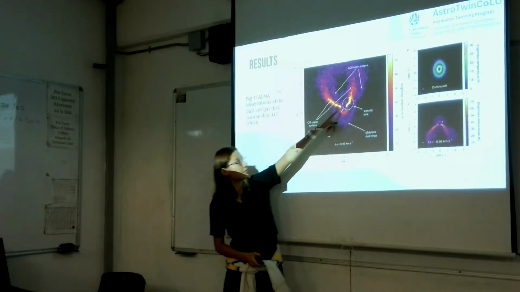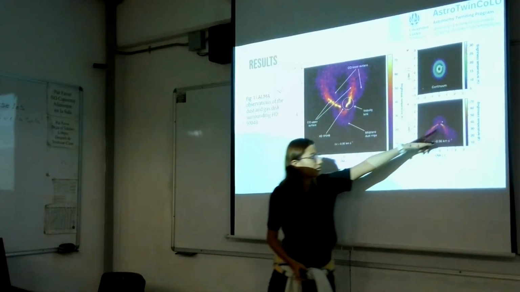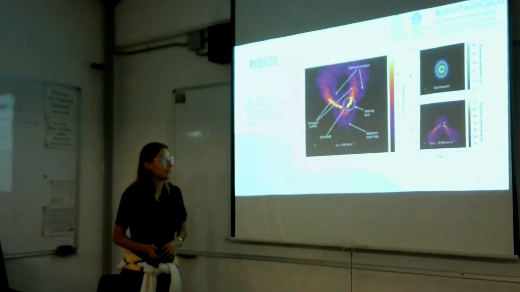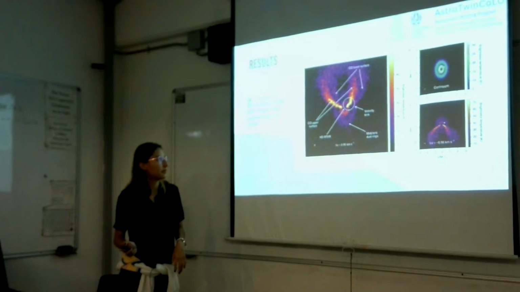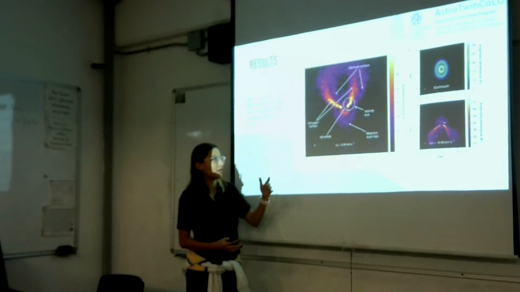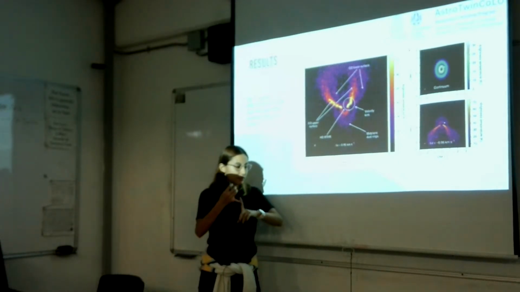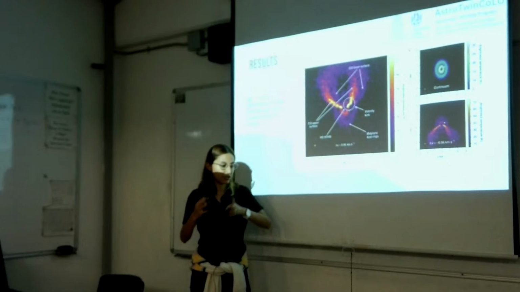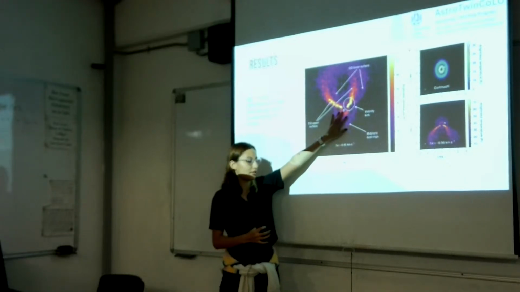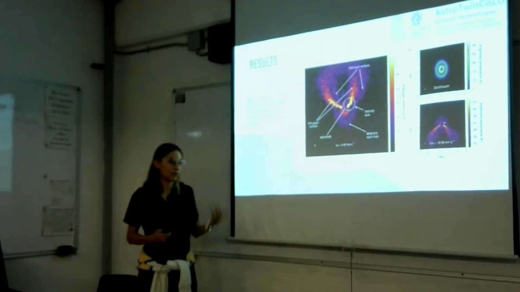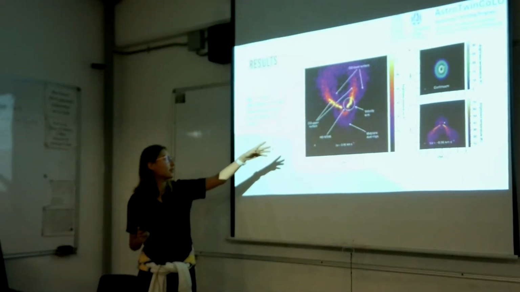Here the blue dot is where they expect the planet to be located, and it is located there because it's where the gaps, the velocity kink, and the red shift and blue shift are located. So it's the intersection of these three phenomena, and that's why we think the planet is right there.